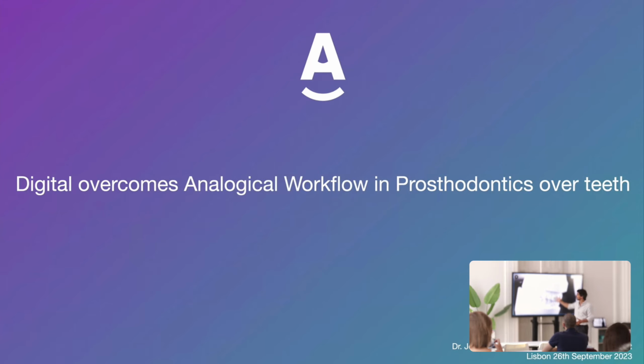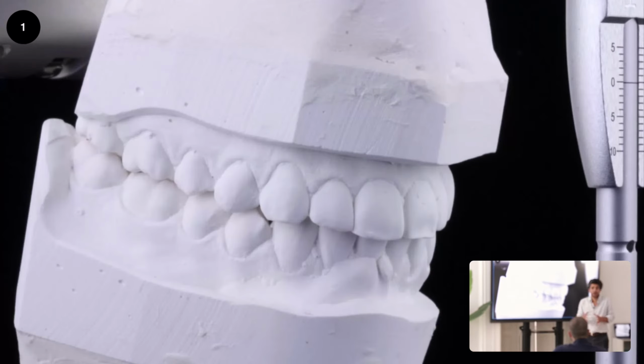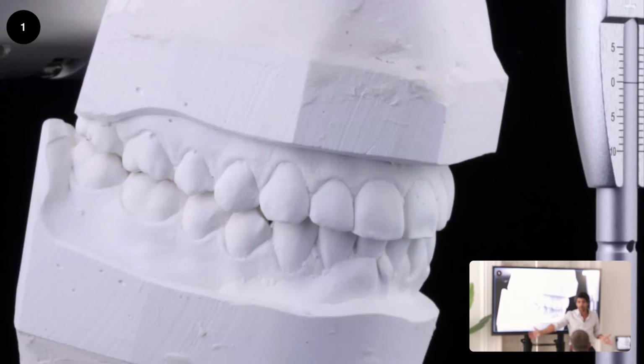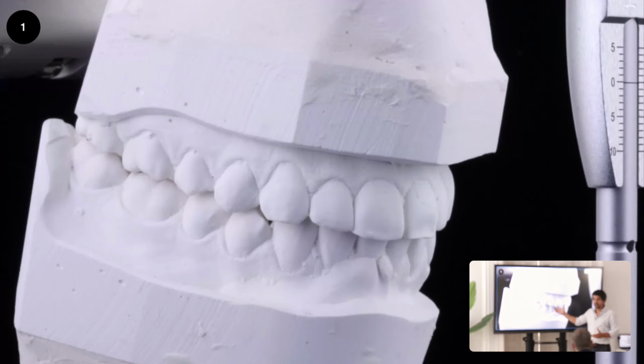The first one is that these are physical models, so we need to have space to stock them, and of course we need to save them for X years, like 5 years, which is mandatory in Portugal. This is also an issue with the use of gypsum, which wears down and changes throughout time if it's not well stocked.